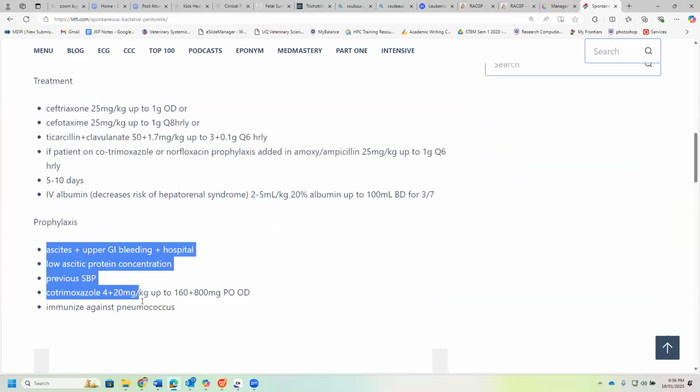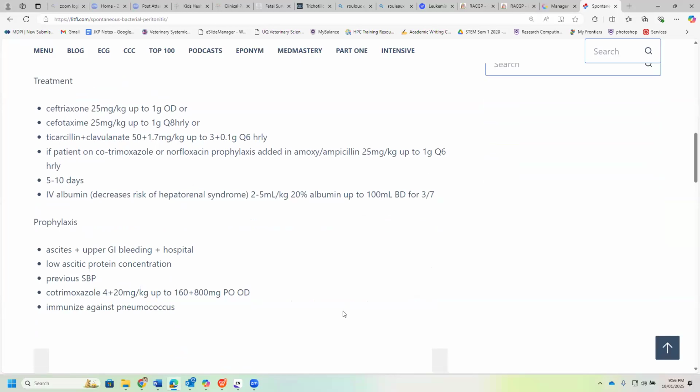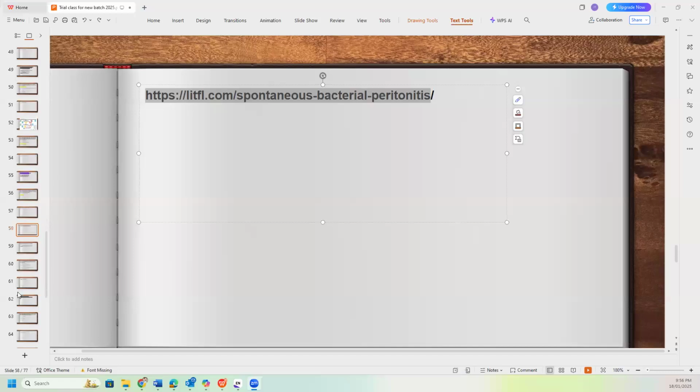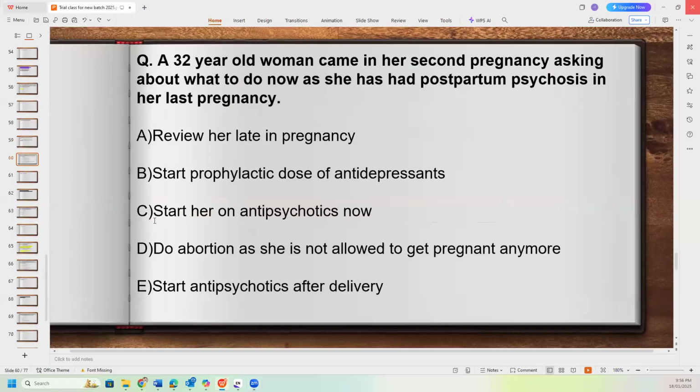This is prophylactic treatment to prevent spontaneous bacterial peritonitis as well. Clear, guys? So third generation cephalosporin is your antibiotic of choice in spontaneous bacterial peritonitis.